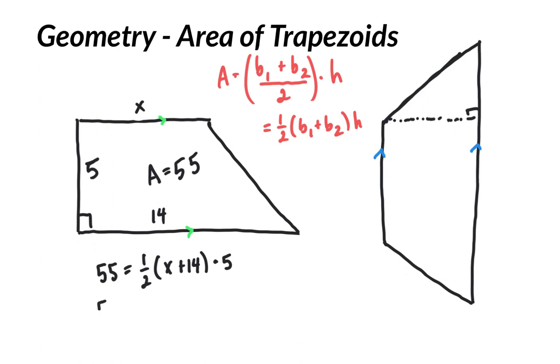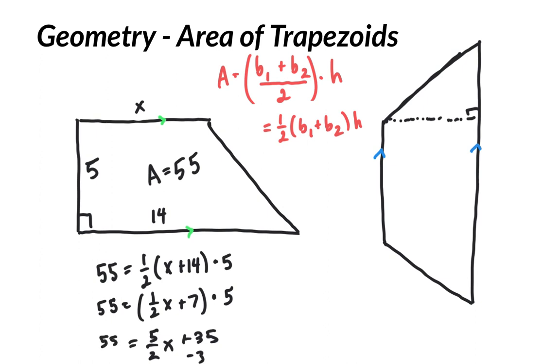So I'm going to start with the 1/2. So I'm going to have 1/2 (x plus 7), and I still have that times 5. Well, then let's distribute the 5 in. So I'd have 5/2 x plus 35. And now it just looks like an old-fashioned algebra problem. Subtract 35 from both sides.